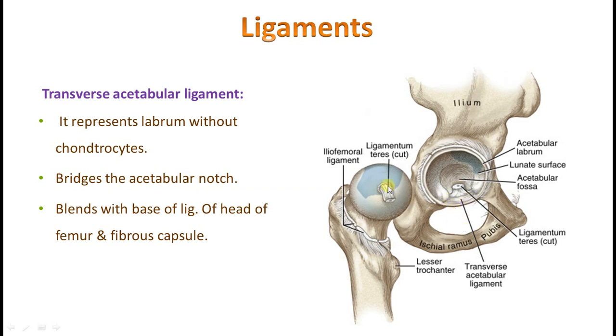So this ligament of head of femur somewhat expands or diverges and gets attached to the acetabular ligament. Between this acetabular ligament and the capsule, the blood vessels that traverse to supply are the acetabular branches of the obturator artery and also acetabular branches from the medial circumflex femoral artery.